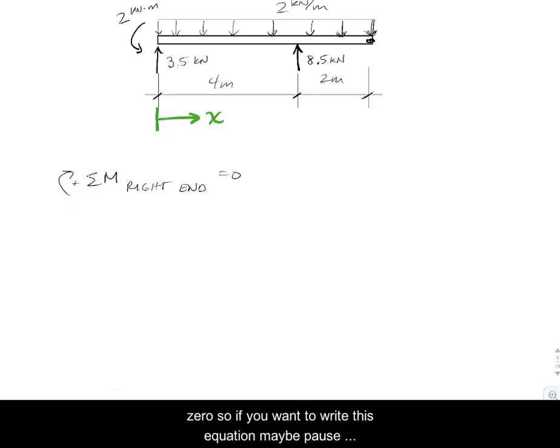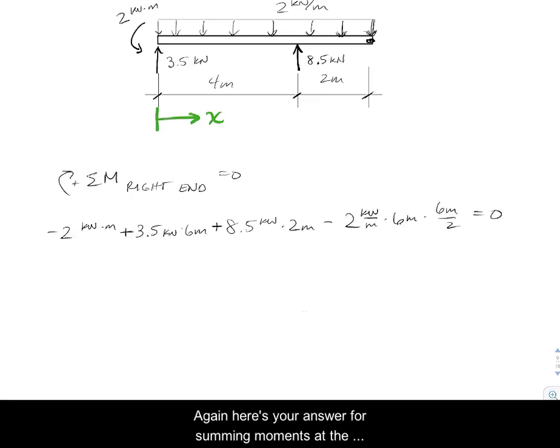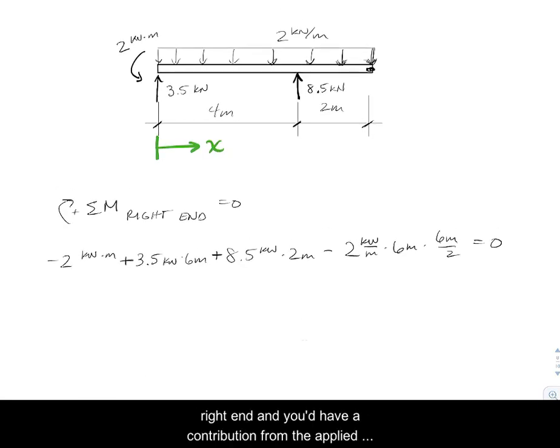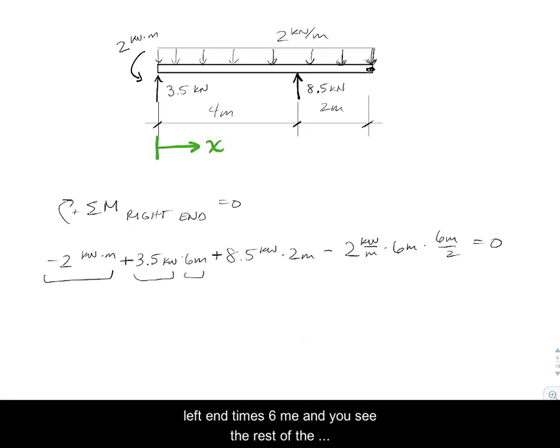So if you want to write this equation, maybe pause and go ahead and do it. Again, here's your answer for summing moments at the right end. Right? You'd have a contribution from the applied moment over at the left end. There's the vertical force at the left end times 6 meters.